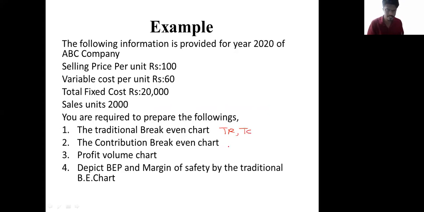When it becomes a contribution break-even chart, we need to draft the total revenue curve, the total cost curve, and the total variable cost curve. When it becomes a profit chart, we need to calculate the profit curve. Okay, let's draft first. Then we need to depict the break-even point and margin of safety in the traditional break-even chart.